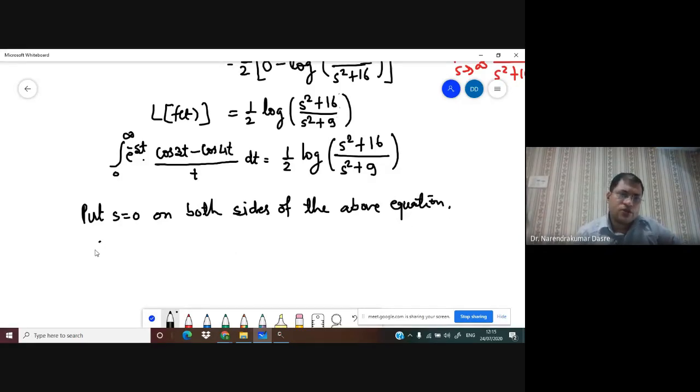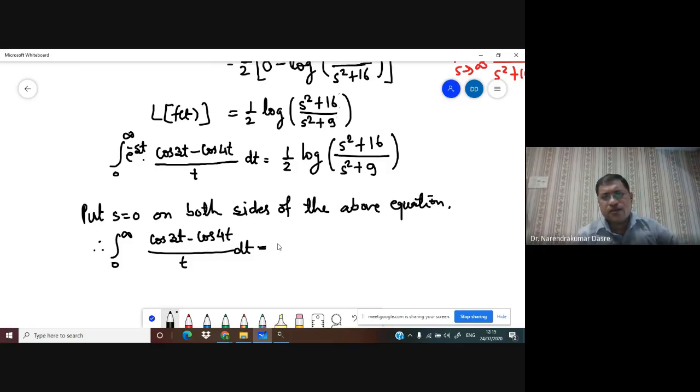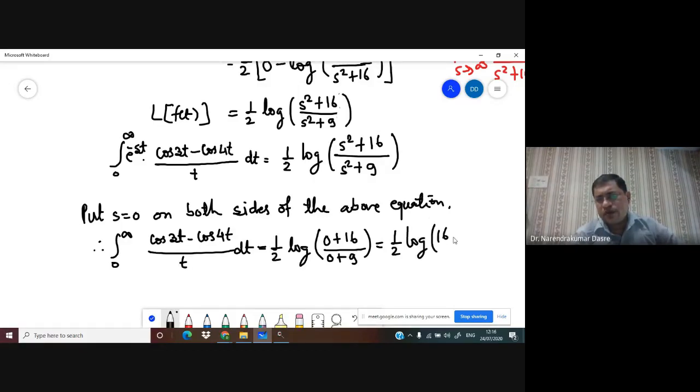Okay, so what we get here, we get integral 0 to infinity cos of 3t minus cos of 4t upon t dt, and this is equal to half of log of 0 plus 16 upon 0 plus 9. So it is half of log of 16 by 9.